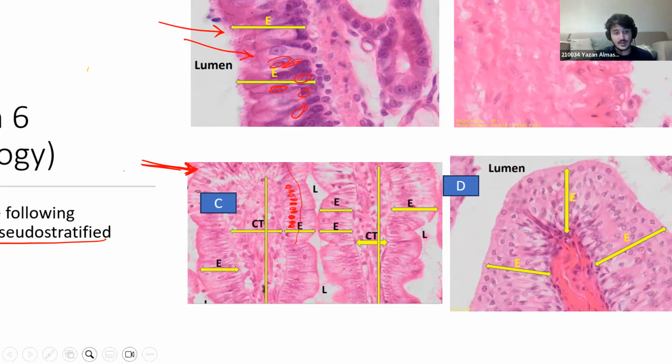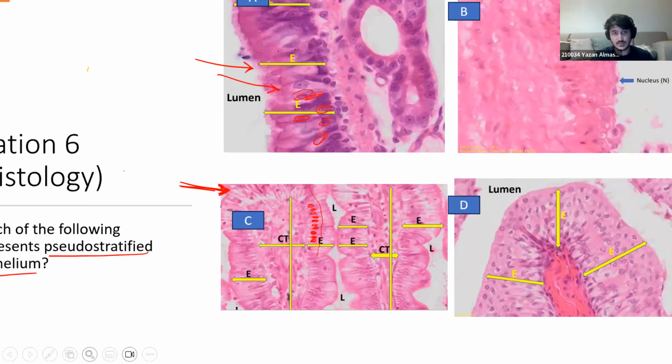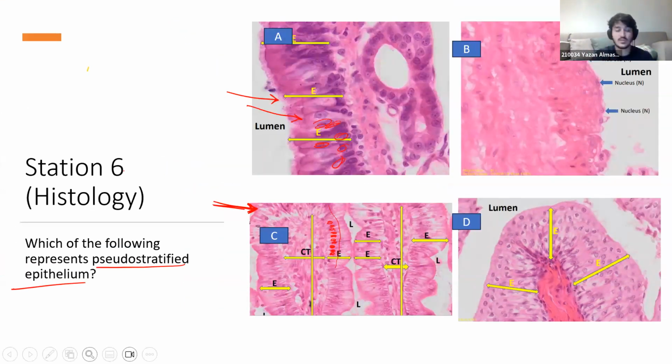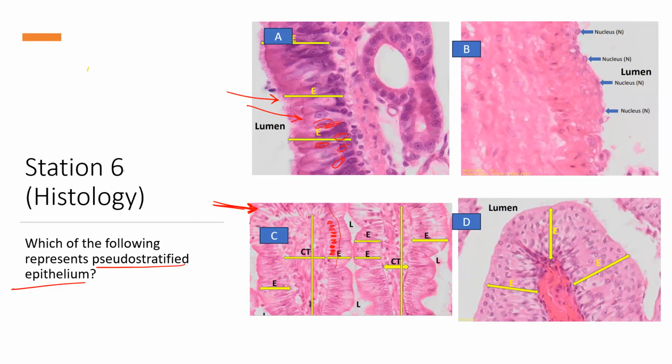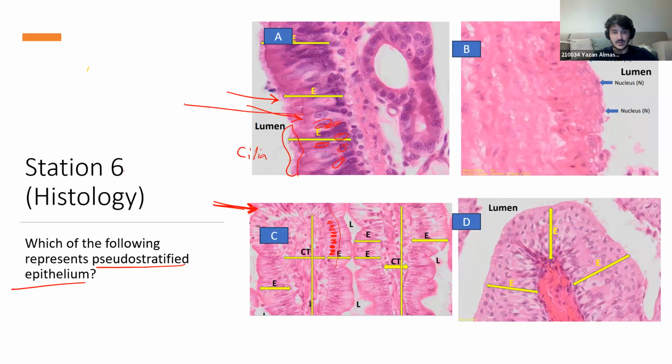Cilia in the lungs or respiratory system, and microvilli in the gastrointestinal system. So since this one is pseudostratified epithelium, where do we find it? Trachea. So in the respiratory system, so this is cilia. This part here is cilia. And this is found in the respiratory system.